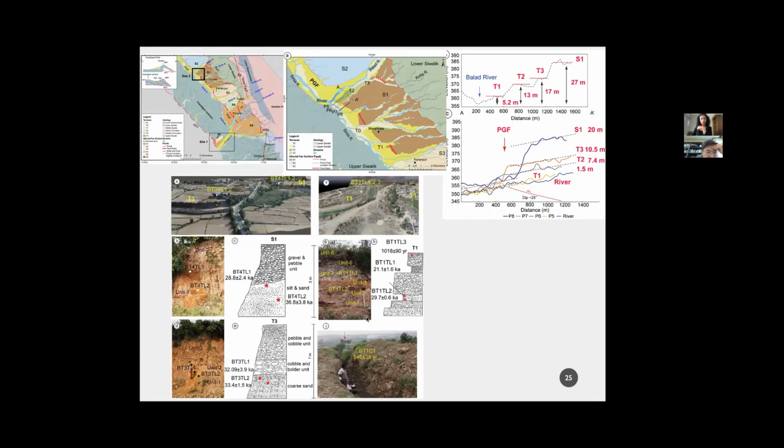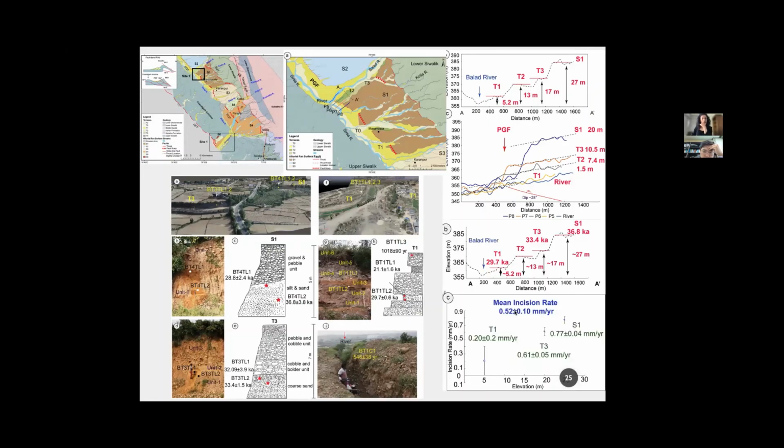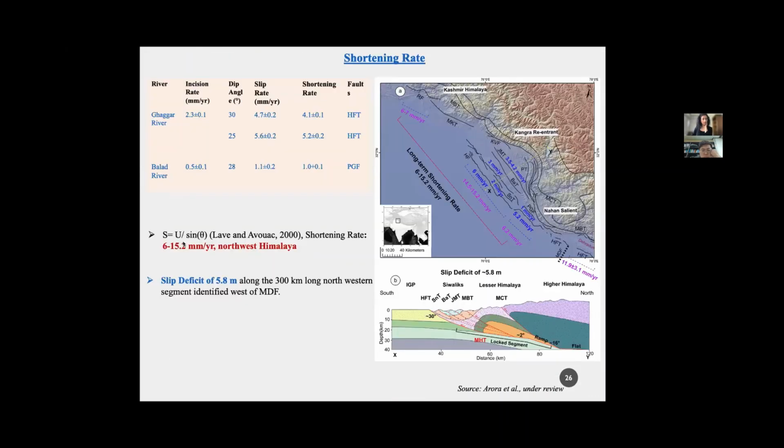Here also, we saw that the incision rate was consistent in the terraces. Then using the Lave and Avouac empirical relationship, we calculated the slip rate, and we estimated that in this area, the convergence rate is around 6.2 millimeter per year.